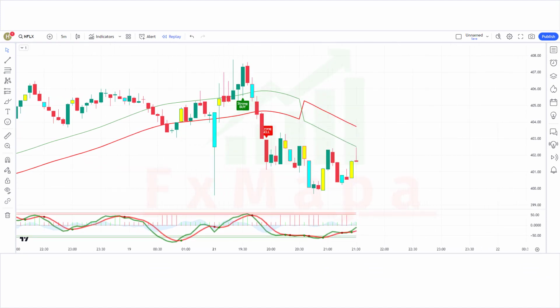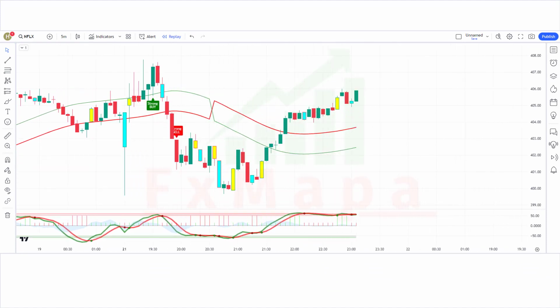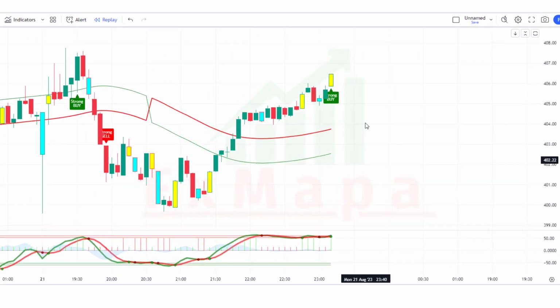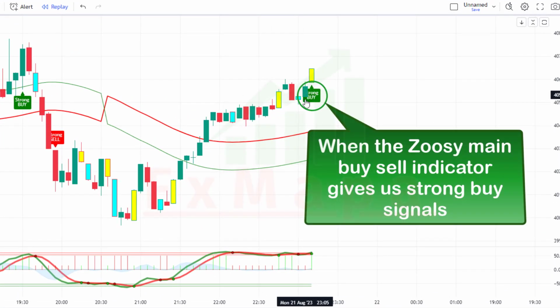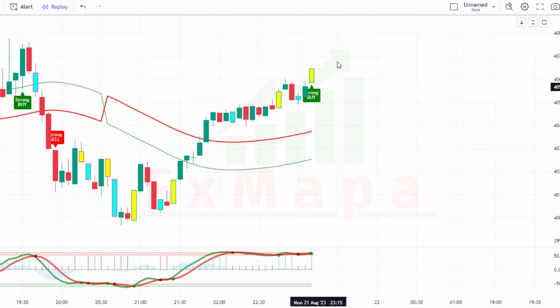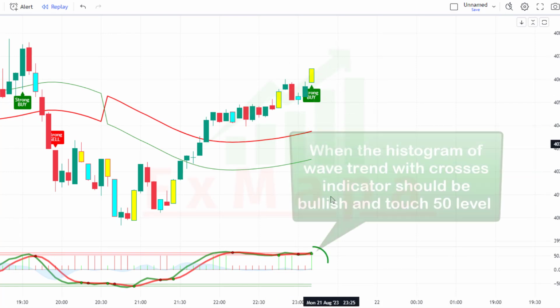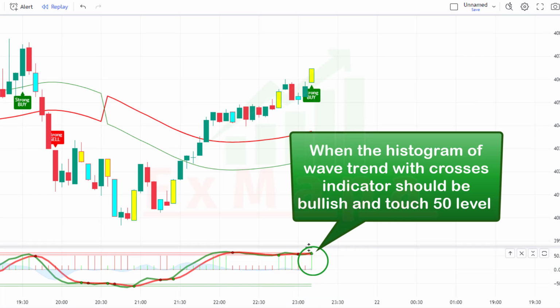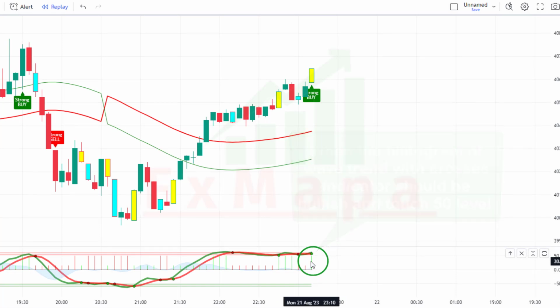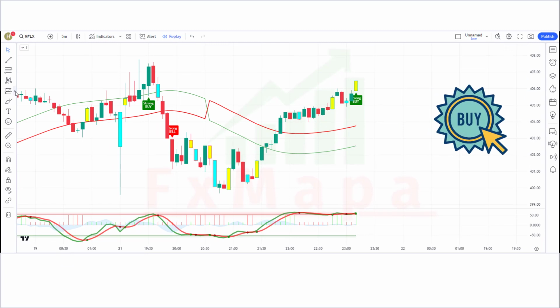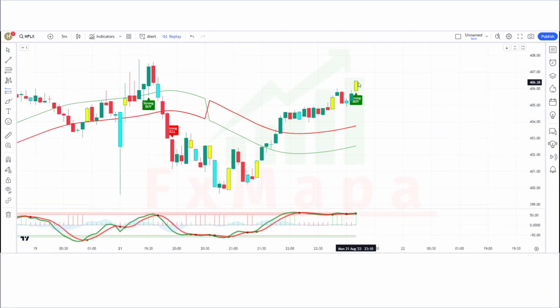Now, let's understand the concept where we will take buy and sell trades based on their conditions. When the ZUSI main buy sell indicator gives us strong buy signals, when the market forms a bullish candle, and when the histogram of the Wave Trend with Crosses indicator is bullish and touches the 50 level, if this condition is fulfilled, then we will place a buy order.